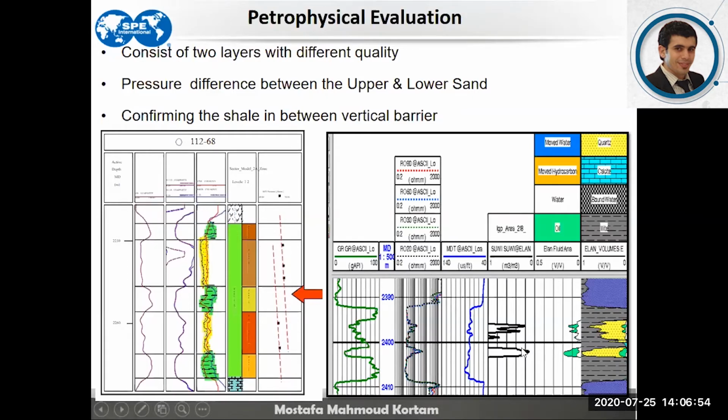So besides the quality and porosity differences, there are also differences in the pressure values. It is slight, but it is still there, and that was discovered by recording a pressure point. The shale is confirmed as a vertical barrier between those two sand bodies.